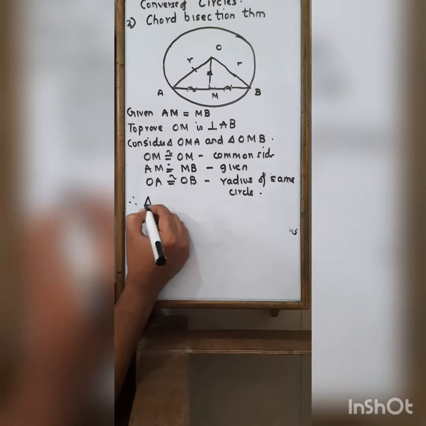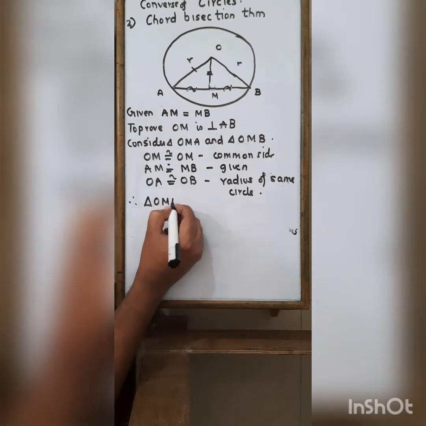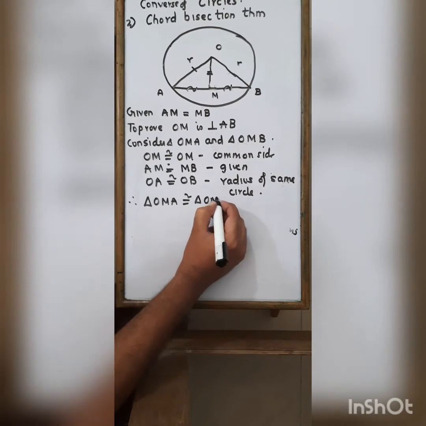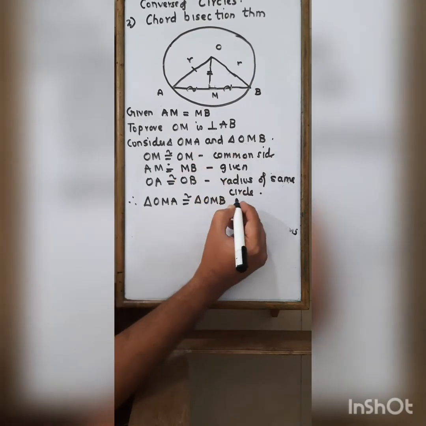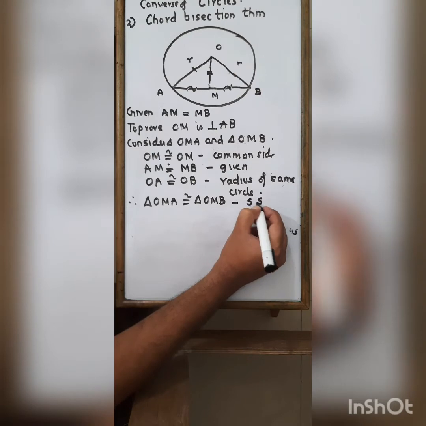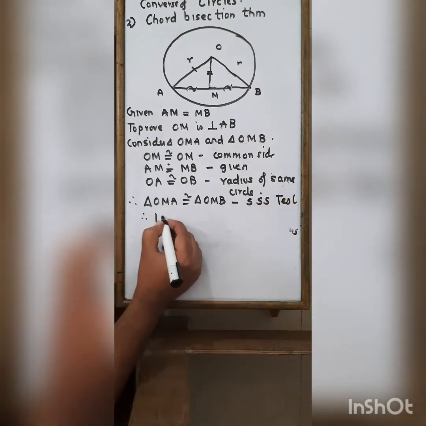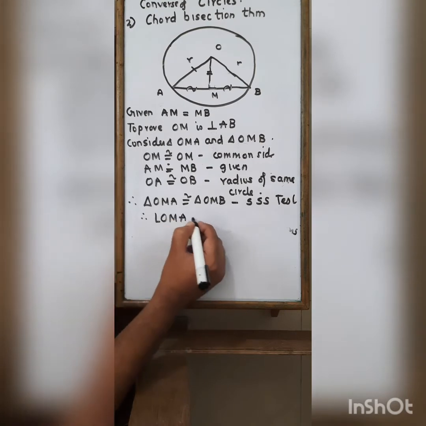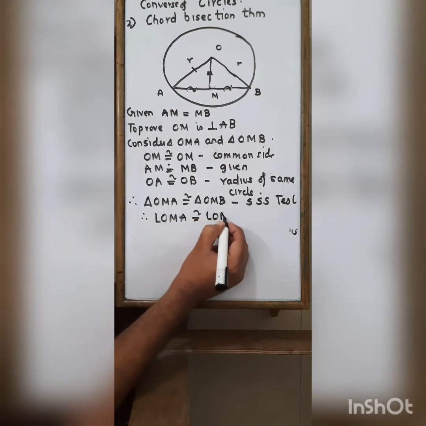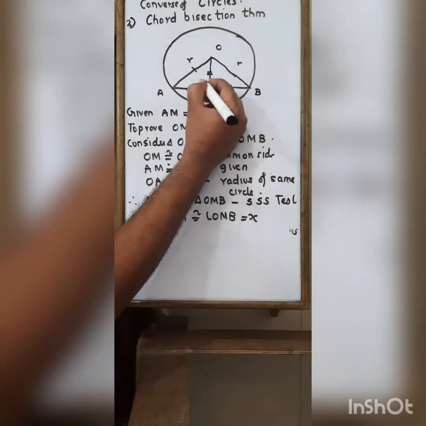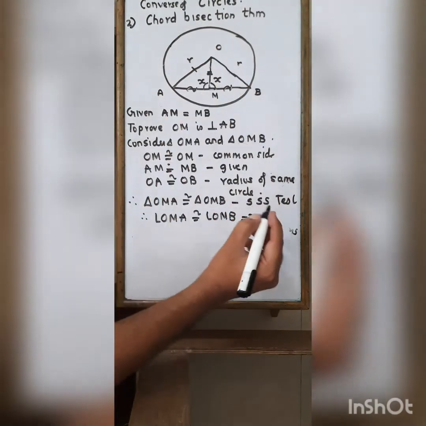Therefore, triangle OMA is congruent to triangle OMB. By which test? By SSS test. Therefore, angle OMA is congruent to angle OMB, which is equal to x. This and this angle are equal, so let them be x.